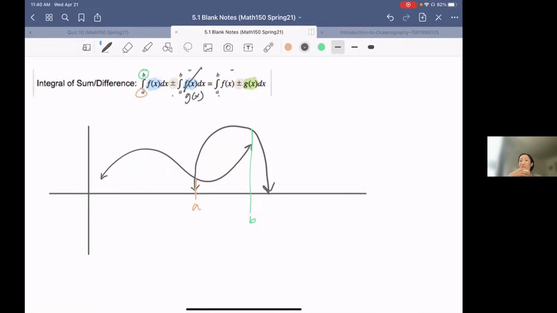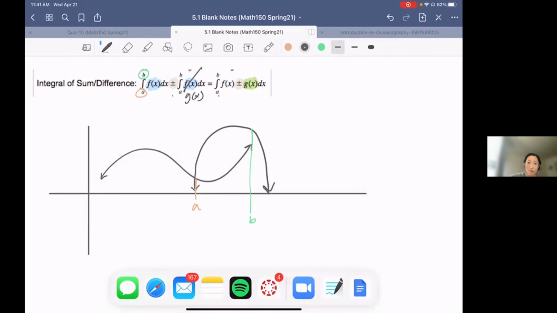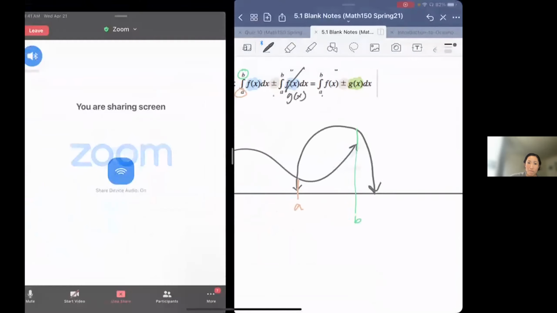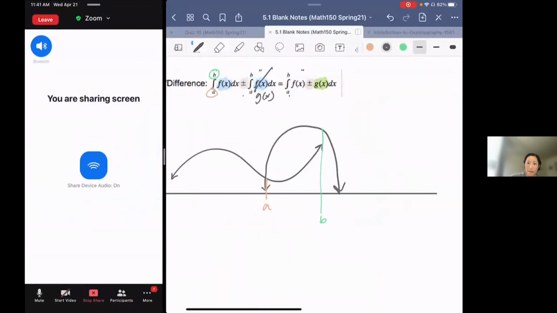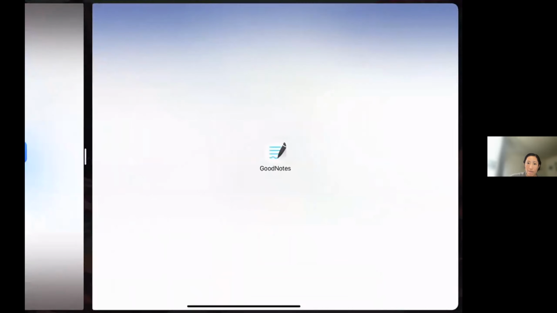But you're right though, I think you've got the great concept here, which is that if I have the region from A to B and I want to find each piece of it, so if I find this area down here, I don't know if you want to shade that area underneath your f of x curve.